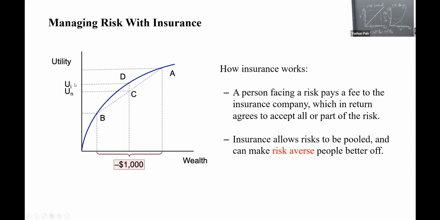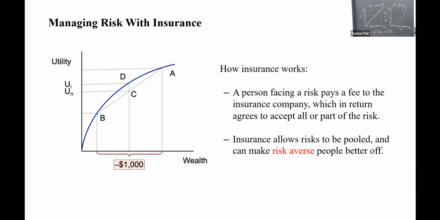Which means if I buy the insurance, I spend the $500, so it's my original wealth minus 500. If I lost $1,000, that risk is not mine anymore. The insurance company is going to pay that amount of money. So my final wealth will still be the original value minus 500.